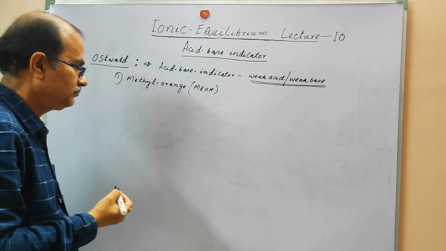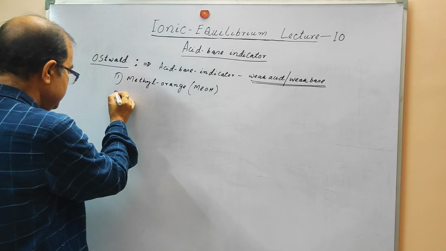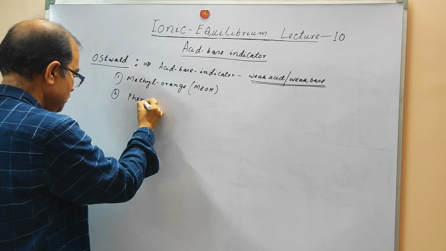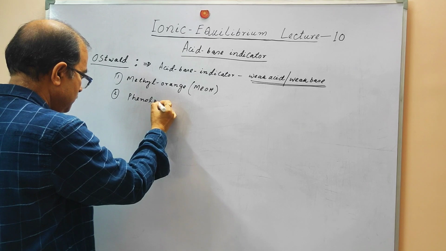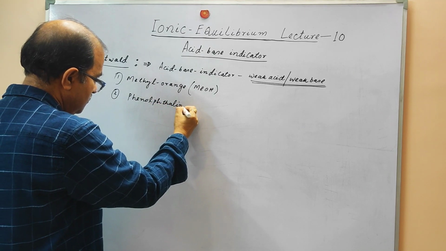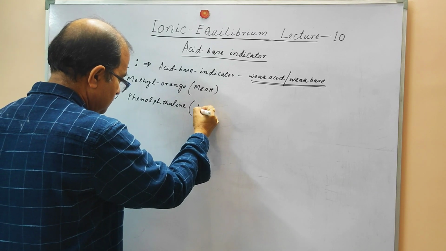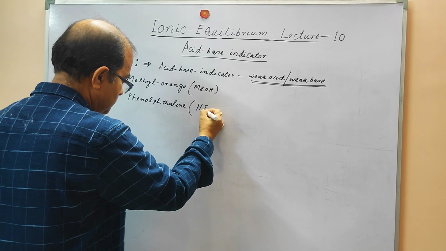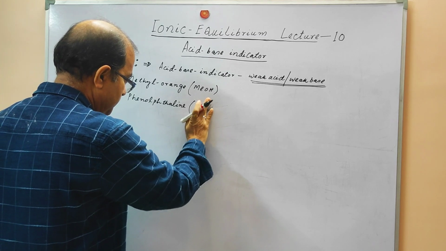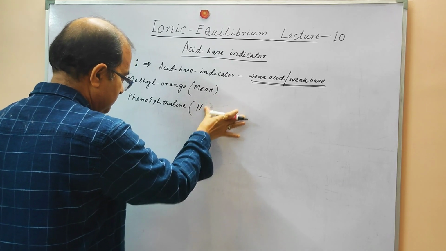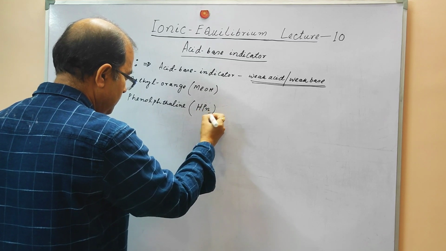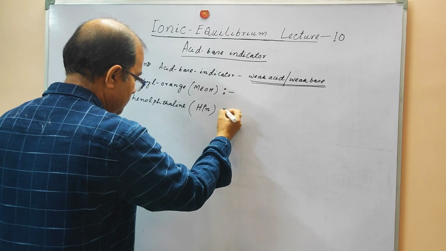And the second indicator that we are going to discuss is phenolphthalein. It is a weak acid. Phenolphthalein is a weak acid and the methyl orange is a weak base.